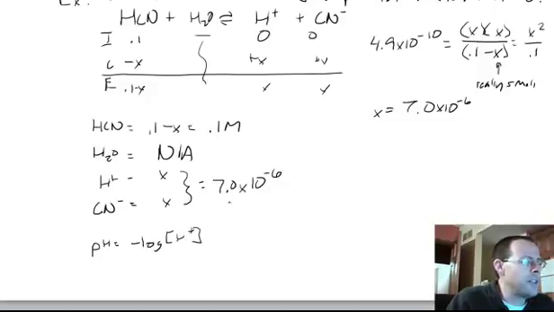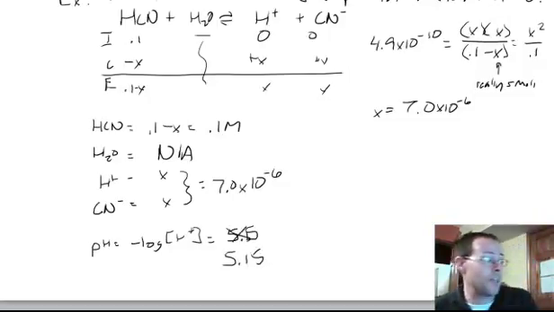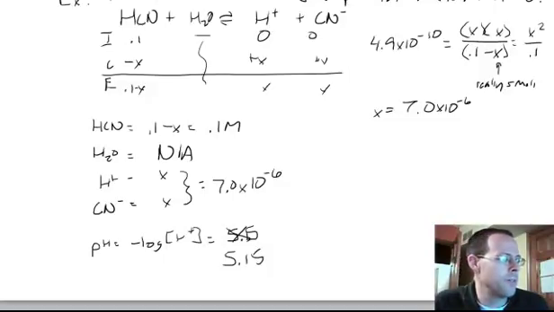If we take the negative log of this, we find that the pH of our solution is basically 5.15, which is acidic. It's not very strongly acidic, just slightly below 7. And that is how you can get pHs from equilibrium concentrations as well as Ka values, which will either be provided for you or you should be able to find those on page 657.